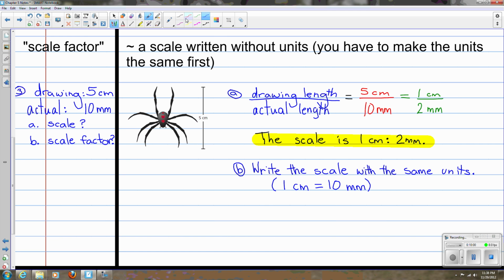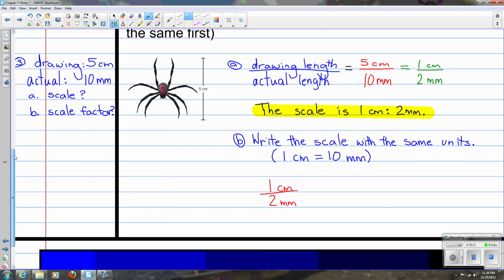Well, that makes the scale factor really easy to find because let's write down the scale first. We have 1 centimeter to 2 millimeters.